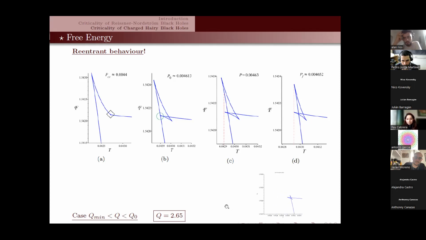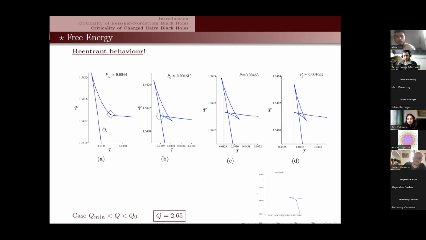For this value of Q, we see the evolution of the free energy in a range covered by this GIF, and we are going to analyze frame by frame what happens.